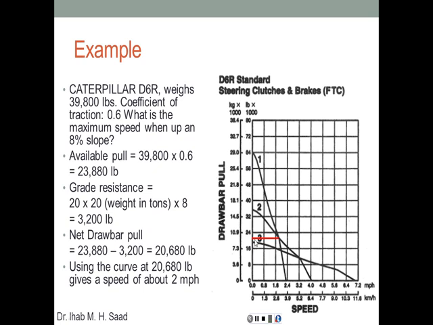That's going to intersect with the first gear and the second gear almost at the same point, which gives a speed of about 2 miles per hour. Now this is going to be the maximum speed. Looking at the distance it's going to be traveling and the conditions of the road, we're going to multiply that by the factor that's going to reduce that to the actual speed rather than the maximum speed.